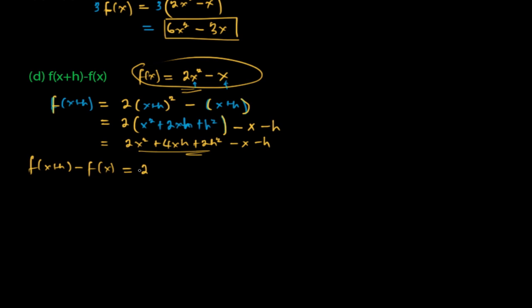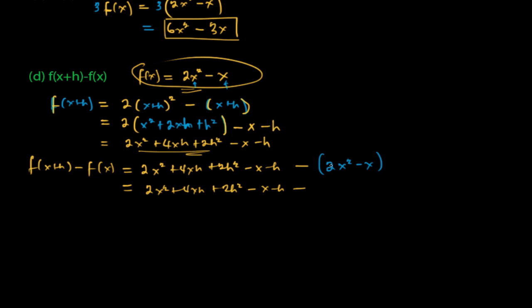So we have 2x squared plus 4xh plus 2h squared minus x minus h, then minus all what we have here, which is 2x squared minus x. So this is equal to 2x squared plus 4xh plus 2h squared minus x minus h, then minus 2x squared plus x. And then you might want to collect like terms.